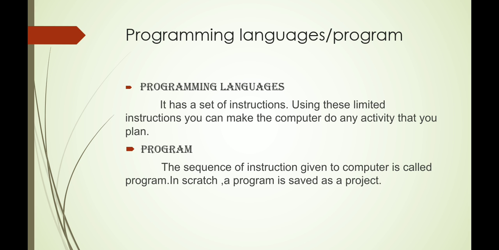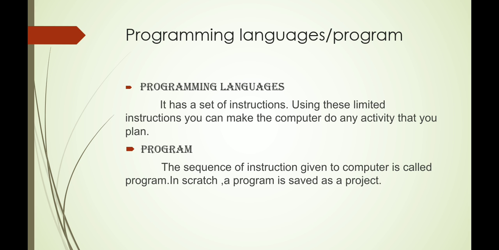What is a program? The sequence of instructions given to the computer is called a program. Step by step instructions will be given in the program. A program will be saved as a project.